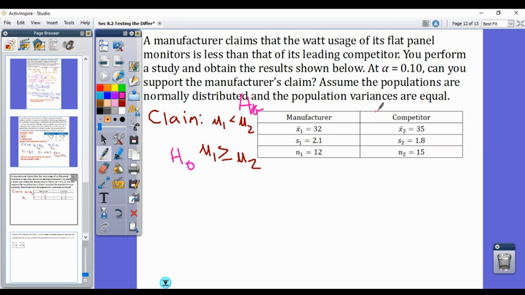Okay, and then another key here, it says the population variances are equal, which means this is a pooled test. All right, so I'm going to go ahead and type all of that in, and when I do that, I'm going to get a t-value for my test statistic as 3.997. Oh, that's not a 7, sorry.